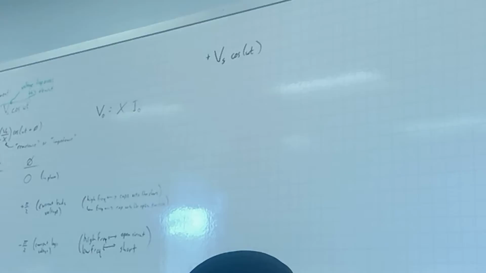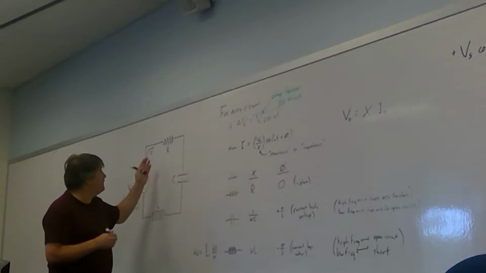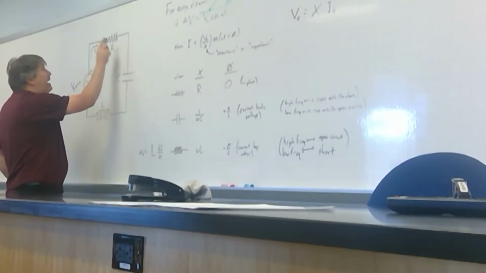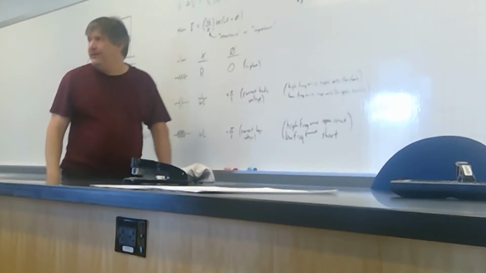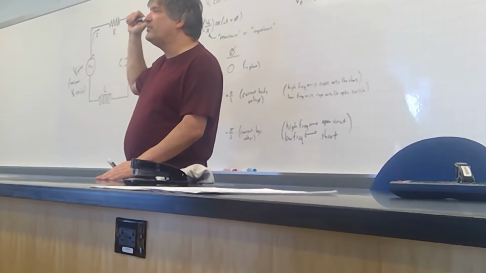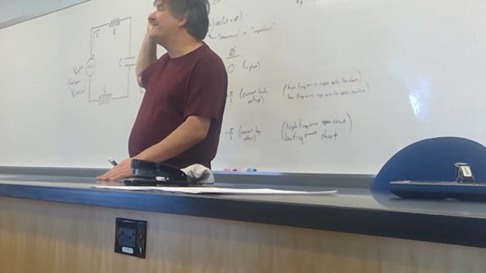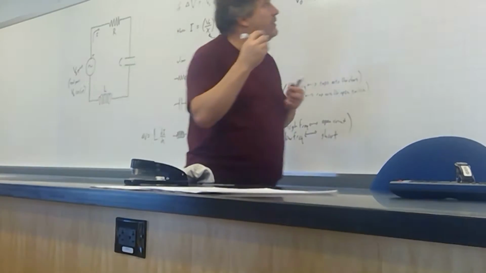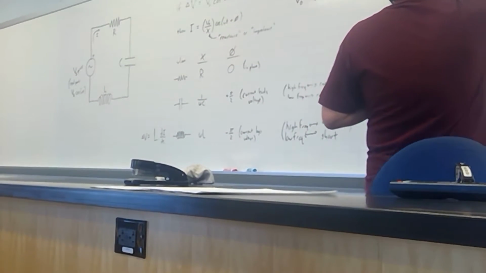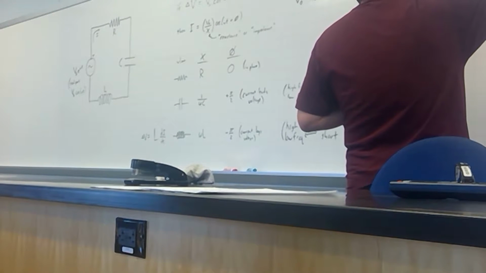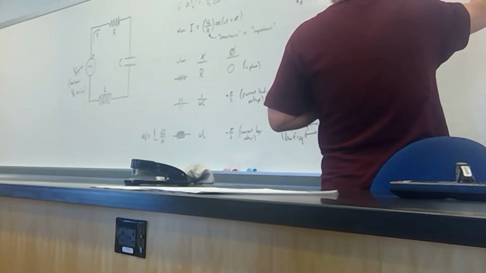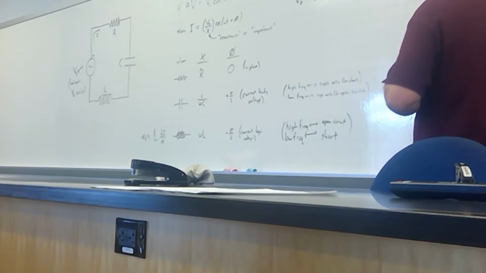If it's going the other way, I'll say it's negative 3 milliamps. So, does my voltage rise or drop when I cross the resistor? Well, if the current's going in that canonically positive direction, what does the voltage do when I cross the resistor? Drops. So I'll do minus IR. If the current's going the other way, that's fine, because then I will be negative, so minus a negative will give me a voltage rise.